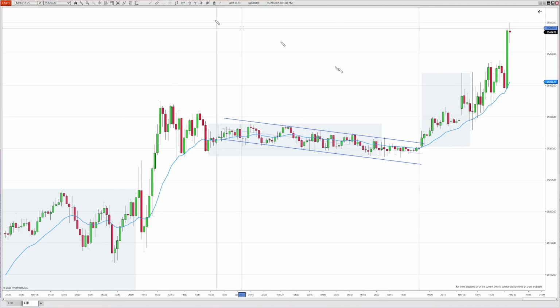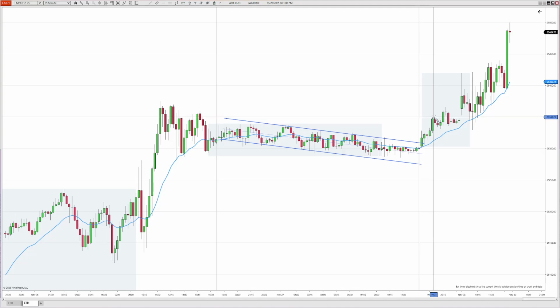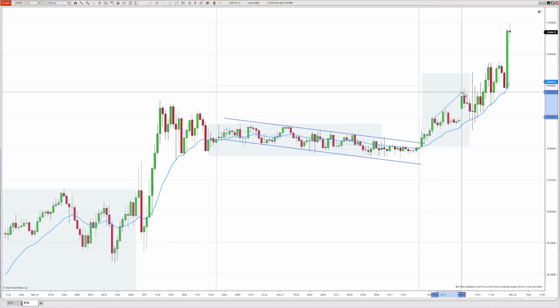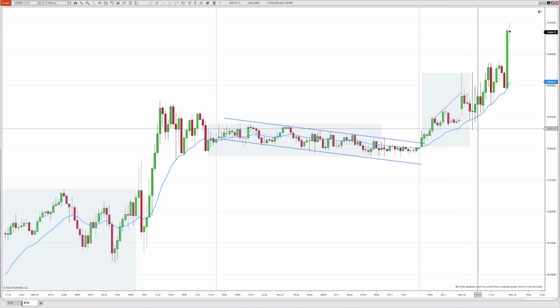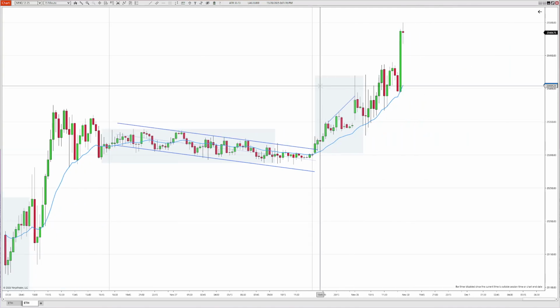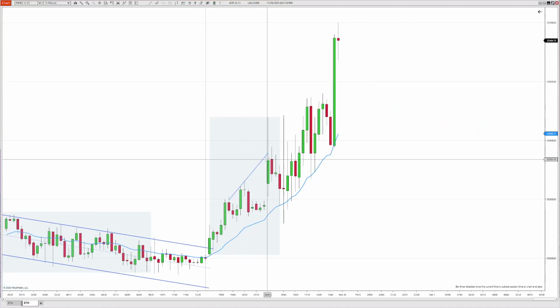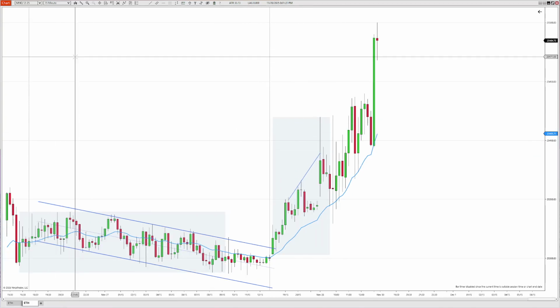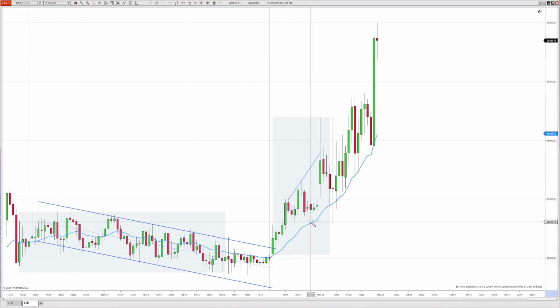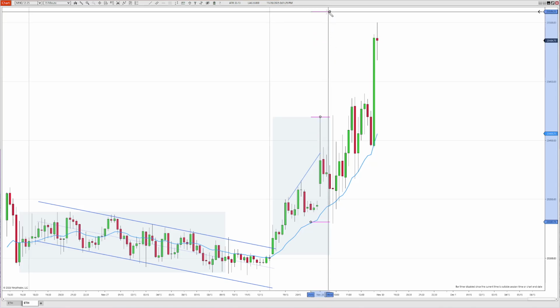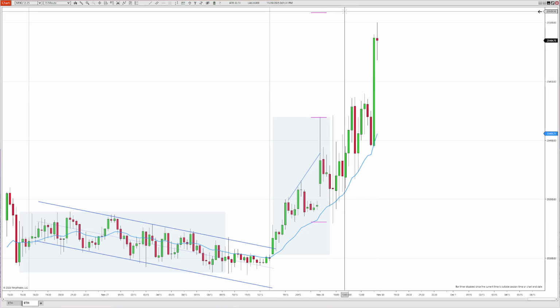Over here, we have a wedge top. 3 attempts to go higher. 1, 2, 3. So we've established a high, and this should go 2 legs down. However, whenever we get that and it fails, we get a measured move in the opposite direction. So something like the size of the wedge, maybe all the way up here, somewhere up there.